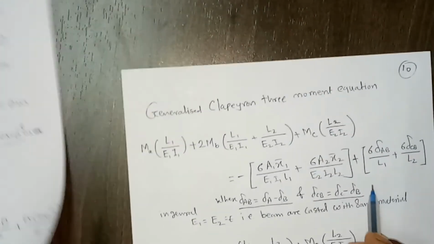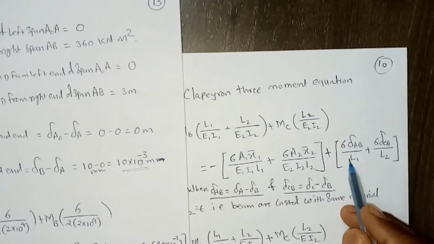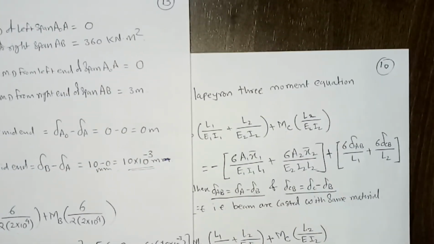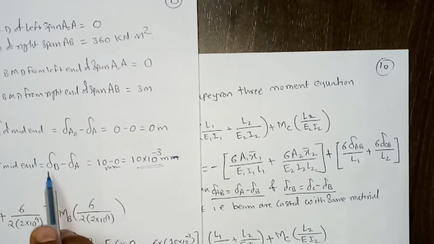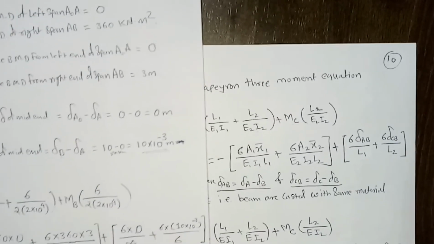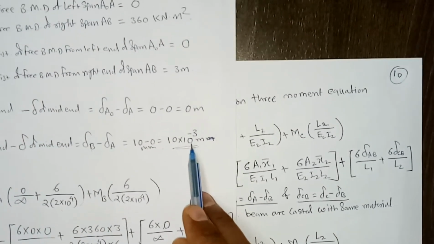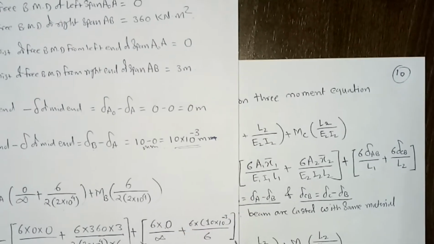So we are using this equation. So delta AB is 0, so here it is 0, and then delta CB, which is as such delta B minus delta A, that we already calculated, and it is 10 into 10 raised to minus 3 meter.